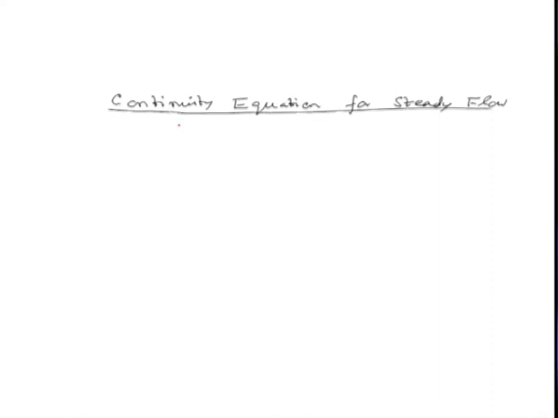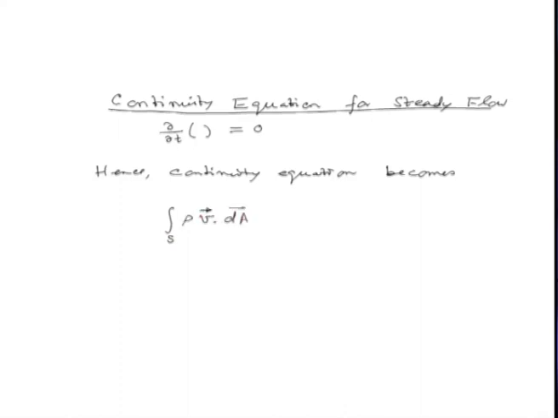In this case, del by del t of anything is equal to 0, hence our continuity equation becomes the surface integral of rho v dot dA is equal to 0.